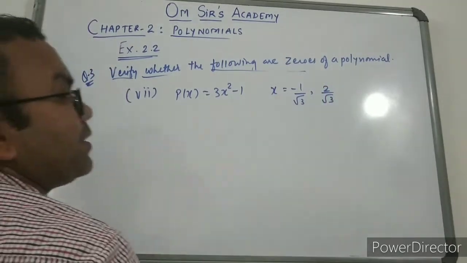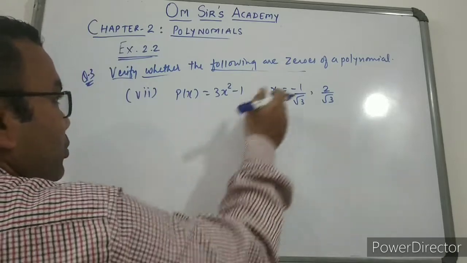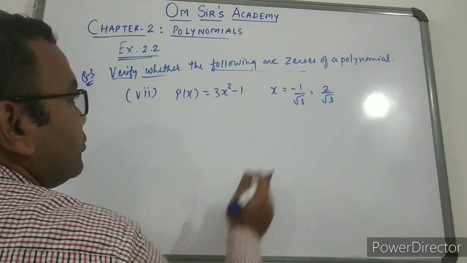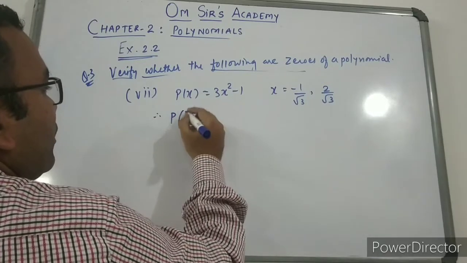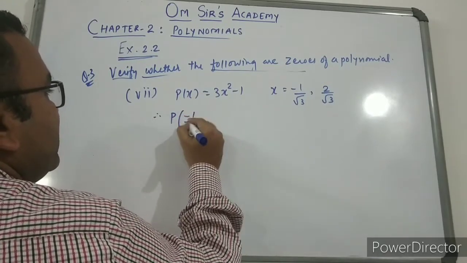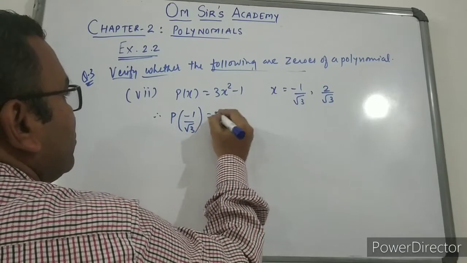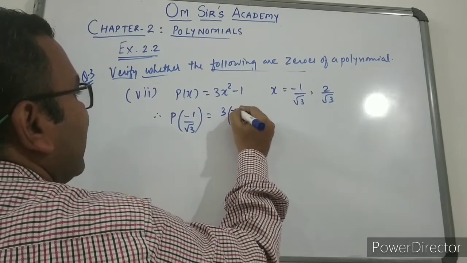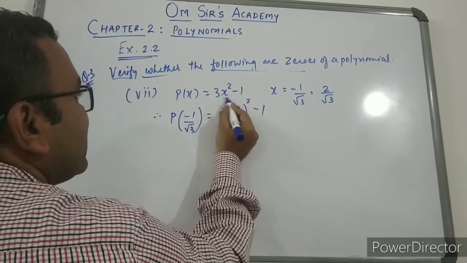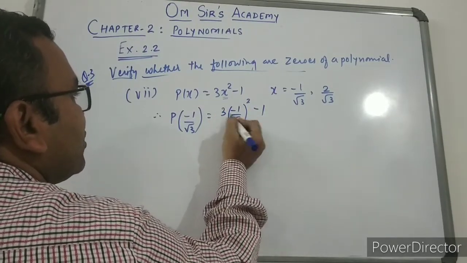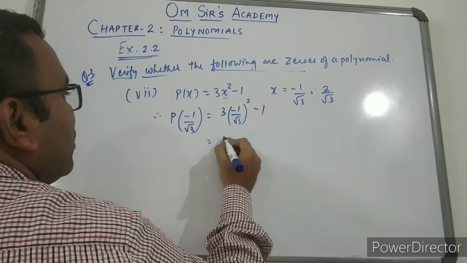Now many students are asking, sir, we don't know how to find the values of root 3. So let us do this one. Instead of x, we keep the value of minus 1 upon root 3, that is 3 into (minus 1 upon root 3) the whole square minus 1. So what will it be?